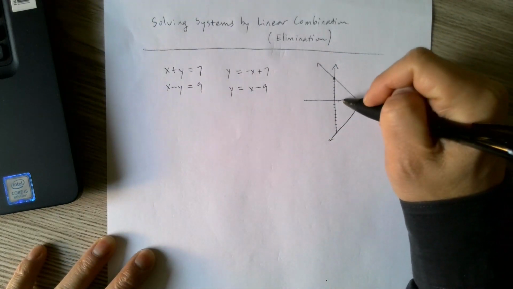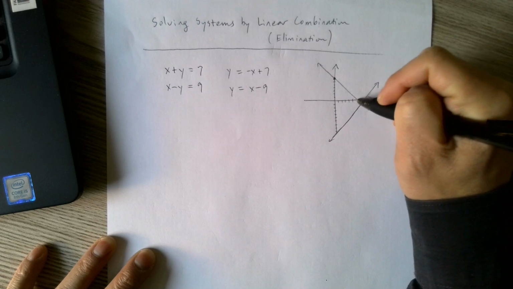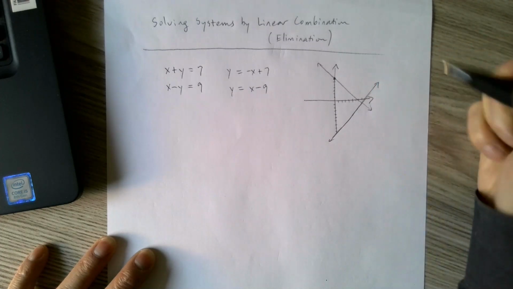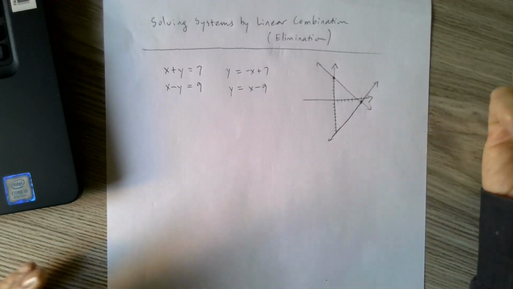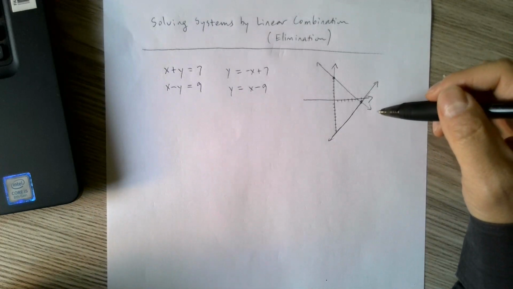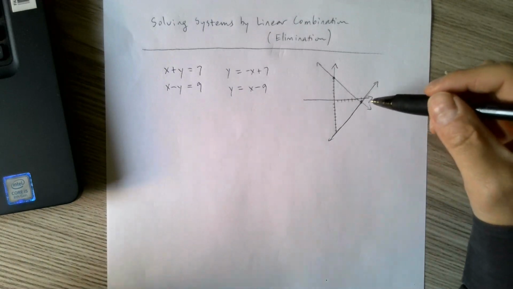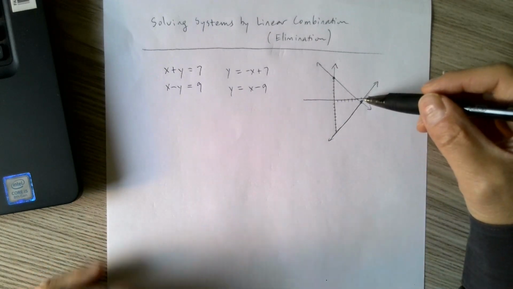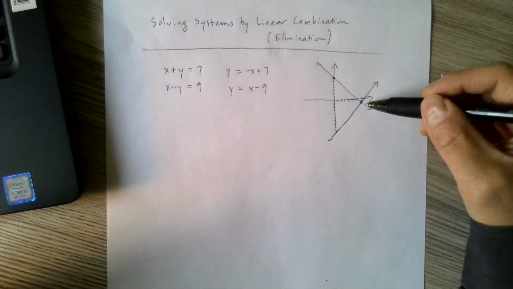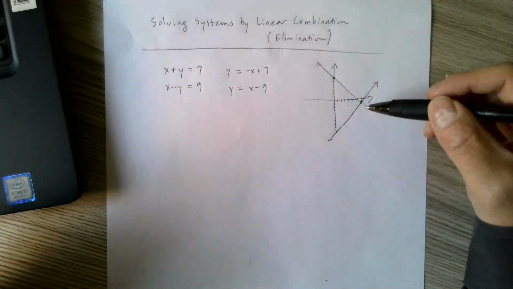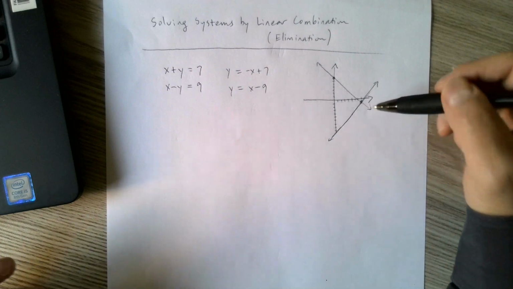Okay, so it kind of looks like this is the point of intersection. It's below the x-axis, maybe negative 1, and the x-coordinate is maybe 7, maybe 8, or somewhere in between 7 and 8, not sure.